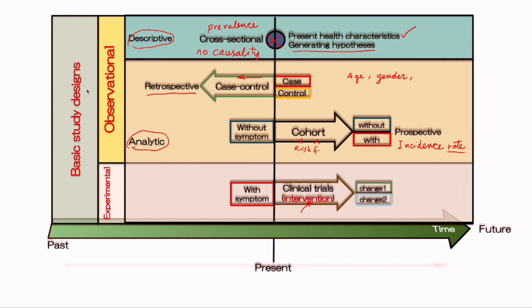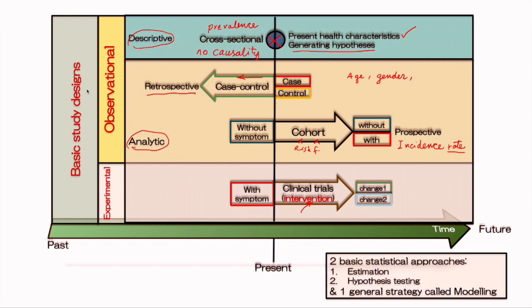The approach that we are going to have for analytical statistics is based on two major categories: estimation, which we are going to explain, and also hypothesis testing, which refers to the p-value, and we have different ways to find the p-value for different hypotheses. And in the end, we are going to talk about one general strategy, called modeling, which we use mostly for prediction.